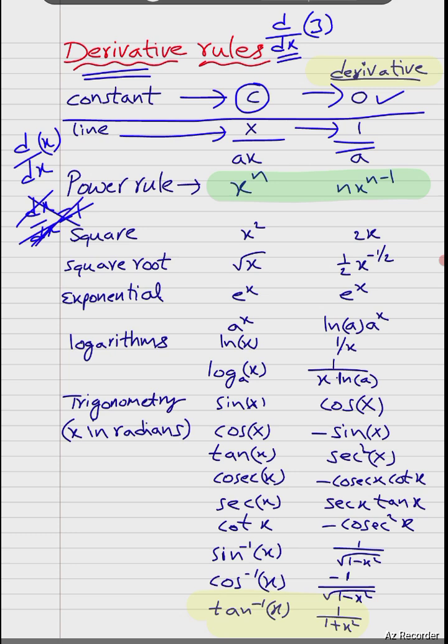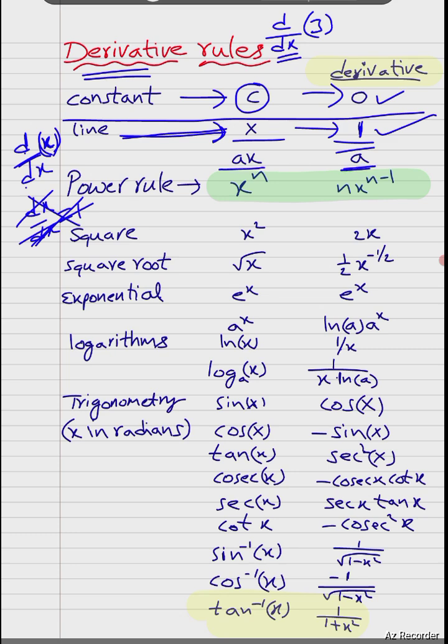It's not like that. This is how you should read it: d by dx of x is 1. Don't remember it like that, it is just d by dx of x is 1. Remember this rule also.